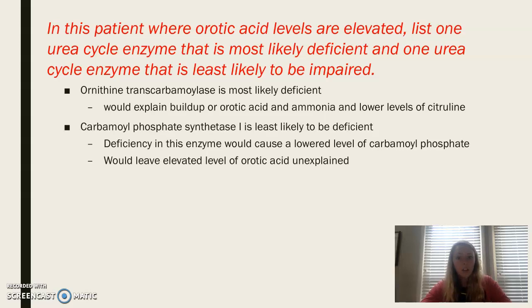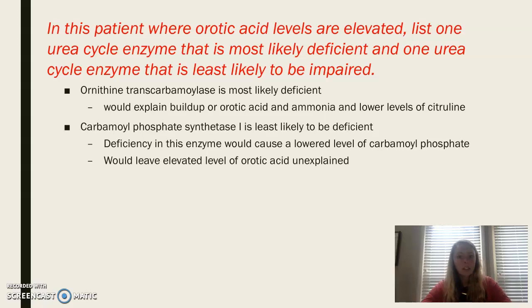And then it would also explain the buildup of orotic acid because carbamoyl phosphate, when it's not being used to make citrulline, can actually go into a different process and make orotic acid. So if carbamoyl phosphate is building up, then orotic acid would also build up. And it would explain the lowered levels of citrulline because without this enzyme, citrulline cannot be produced.